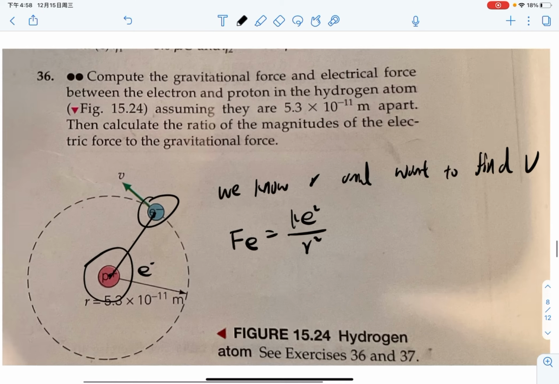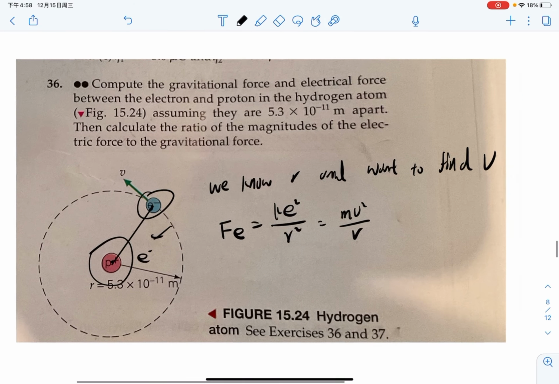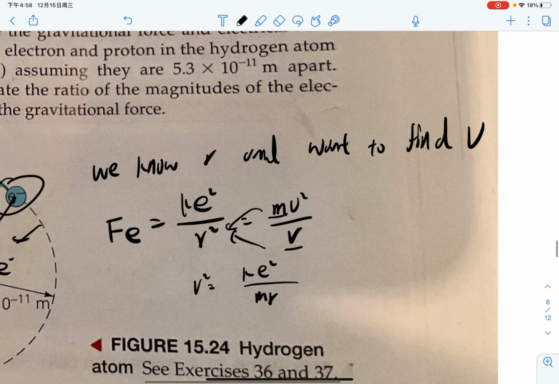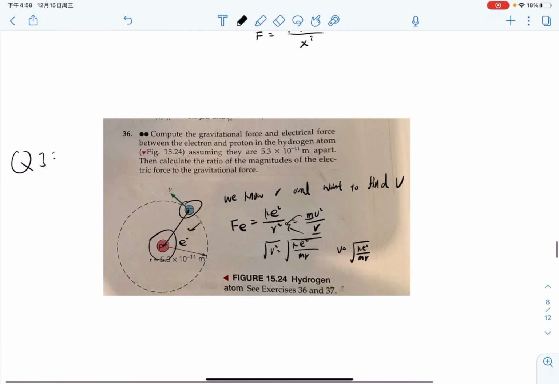And this will supply the centripetal force, which is equal to m v squared divided by R. Now if you move R to that side and m to that side, you get v squared equal to k e squared divided by m R. Now just take the square root of both sides, and you have v equal to the square root of k e squared divided by m R. And you're done with this problem.